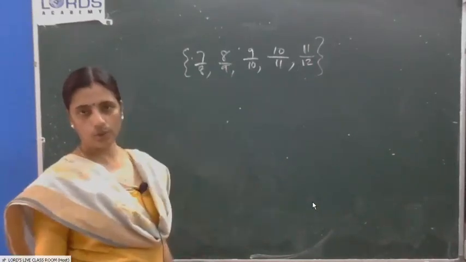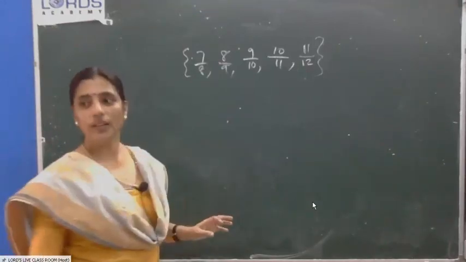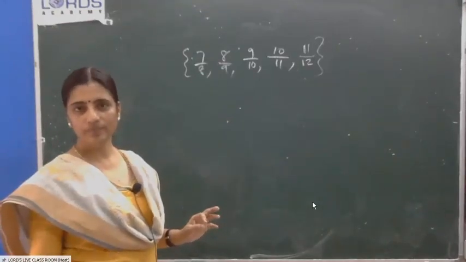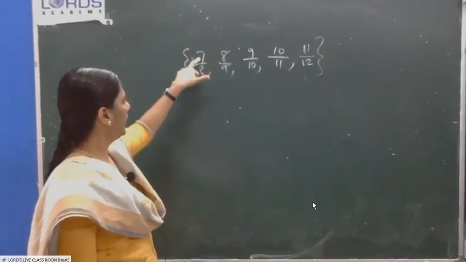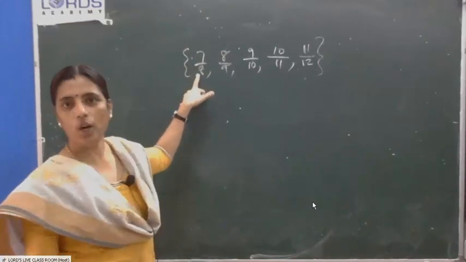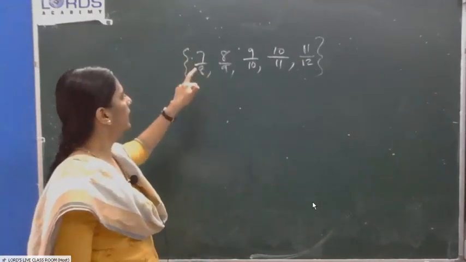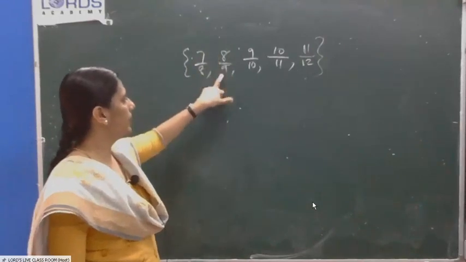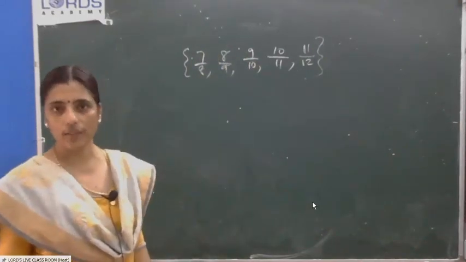Any specialty in how to write it? Just go through. What is the specialty? Yes, the denominator is always 1 greater than the numerator. 7, then it will be 8. If this is 8, this will be 9. If this is 9, this will be 10. Just 1 greater than the numerator.